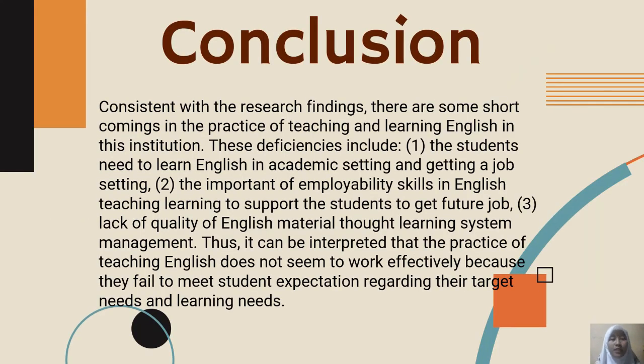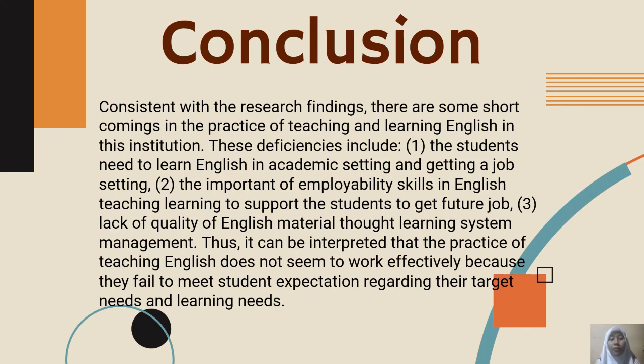So the conclusion of my study is consistent with research findings. There are some shortcomings in the practice of teaching and learning English in this institution. These deficiencies include, first, the students need to learn English in academic setting and getting a job setting.